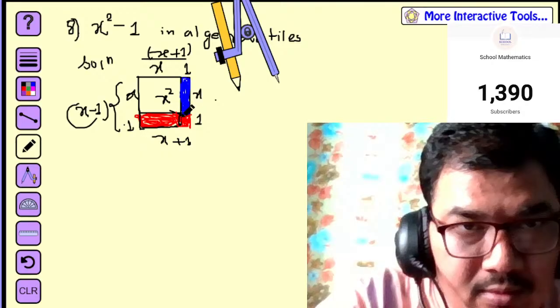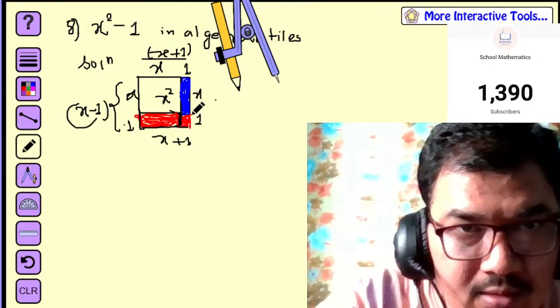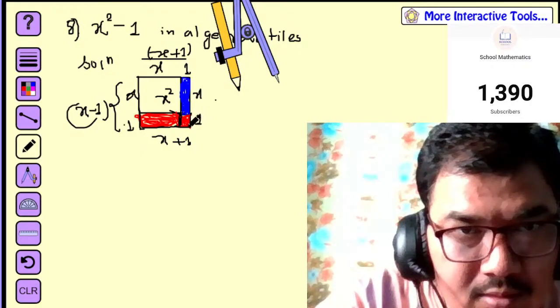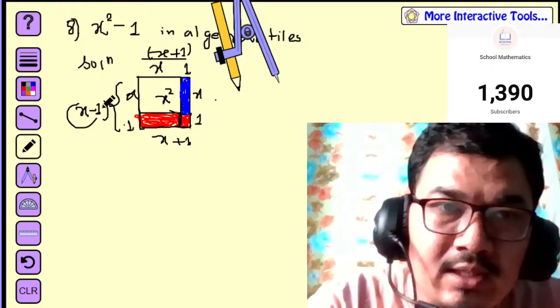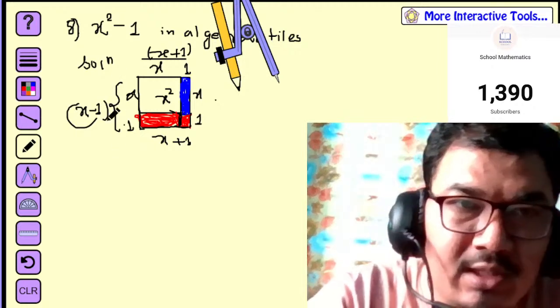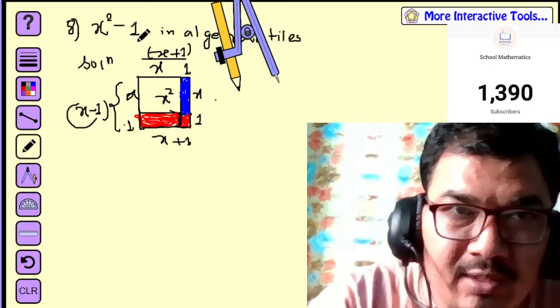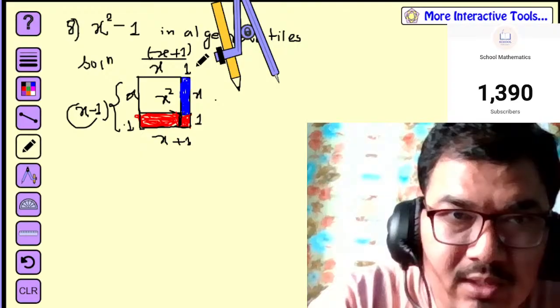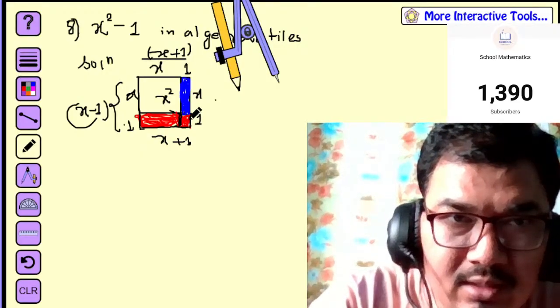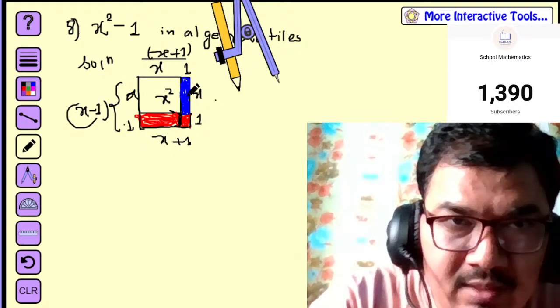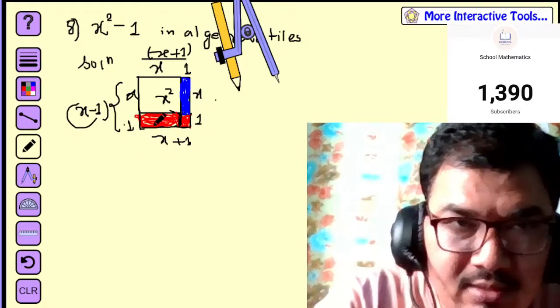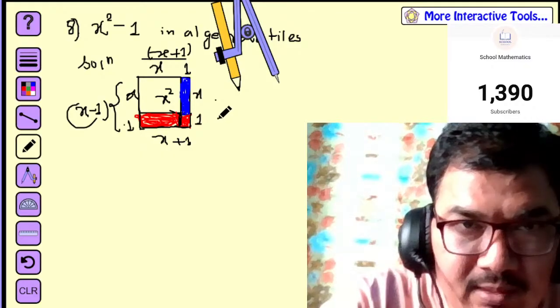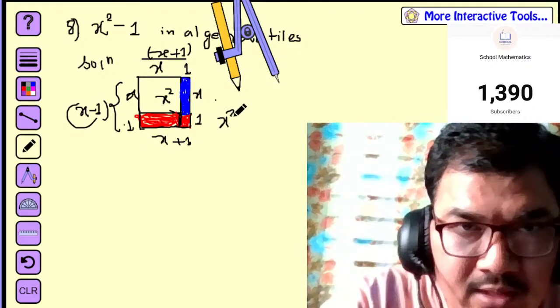And look here, this is showing the algebraic tile for x square minus 1 square. x plus 1, here is 1 square, okay? This x square, this balance here plus 1x, this minus 1x, right? Actually, it has become like this. Look here, x square.